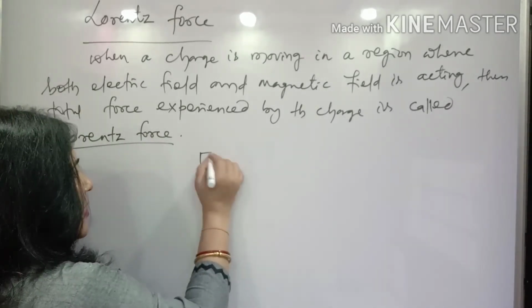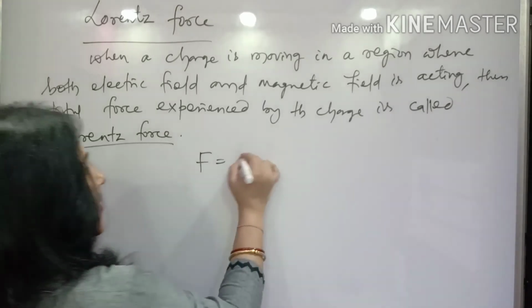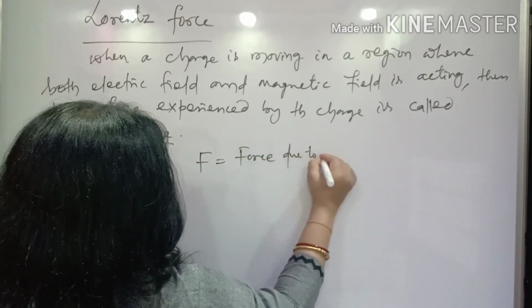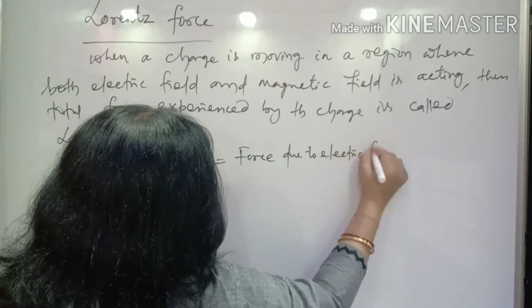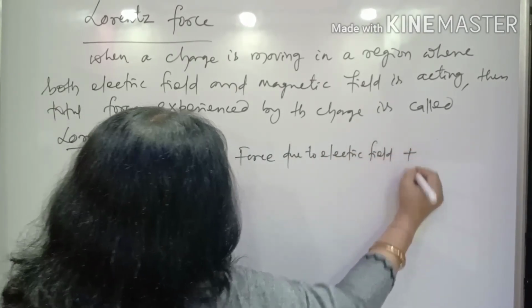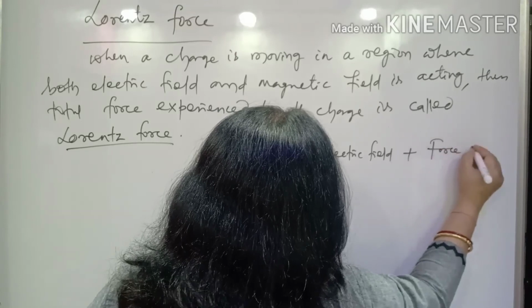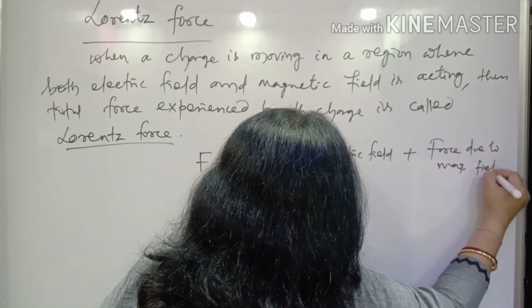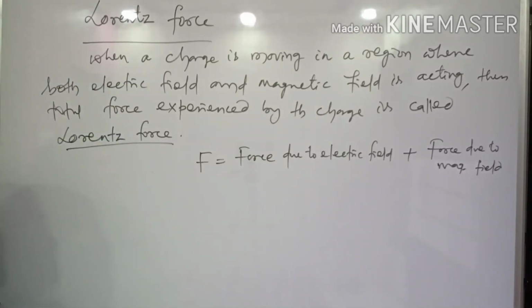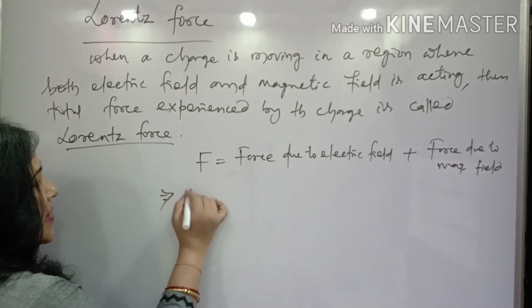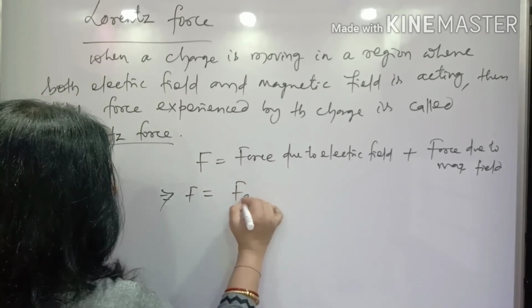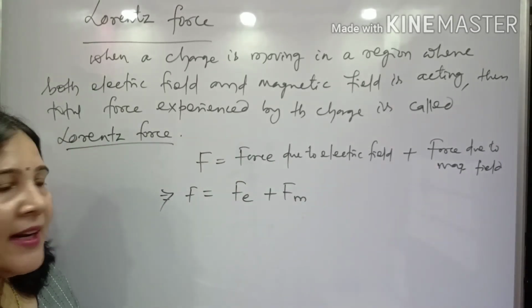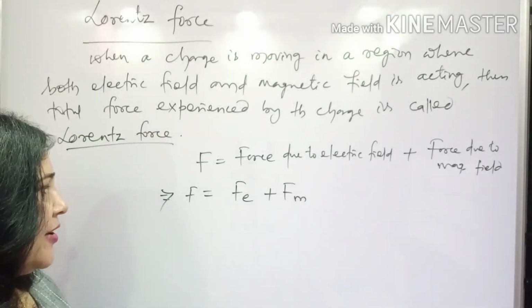Here Lorentz force is the vector sum of the force due to electric field plus the force due to magnetic field. We can write F equals Fe plus Fm, where Fe stands for the force due to electric field and Fm stands for the force due to magnetic field.